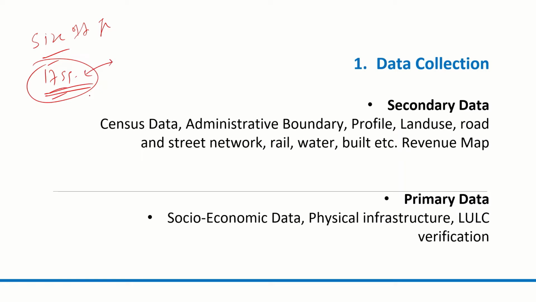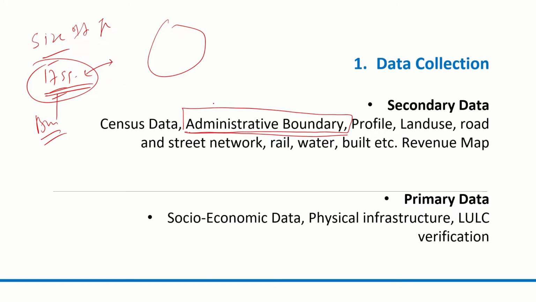The second thing is, unless we know what is the boundary limit from the administrative side, drawing a boundary by ourselves will be a difficult task. So my suggestion is we should collect information on the administrative boundary.